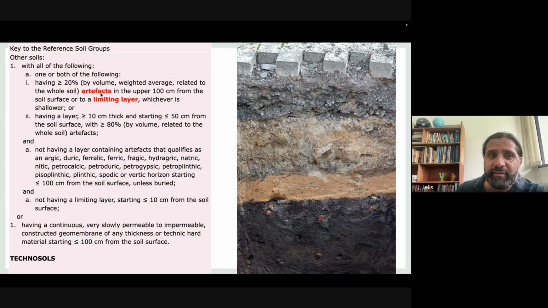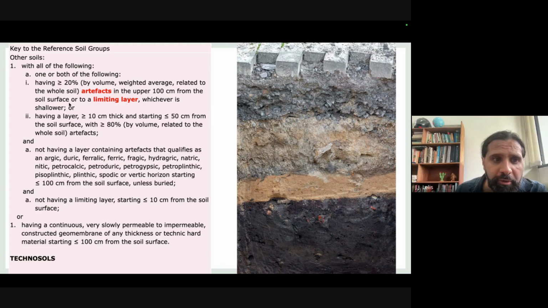Okay, and these artifacts should cover at least 20% by volume of one horizon, and they should be found in the first 1 meter below the soil surface, or they should be found until a limiting layer. Okay, something that was created by humans and avoids root growing, water percolation.